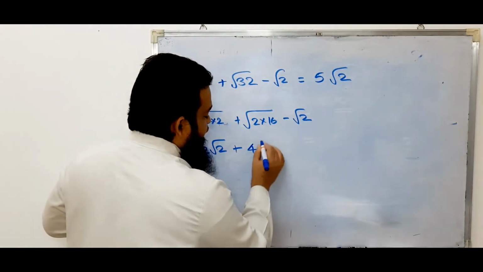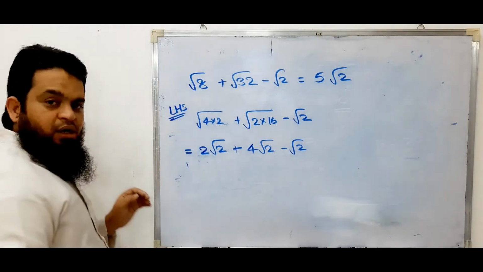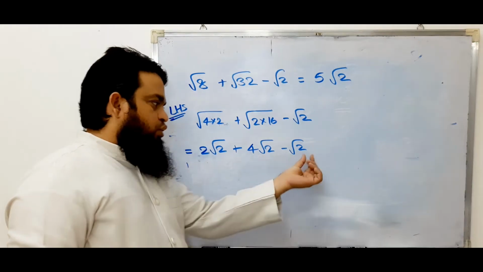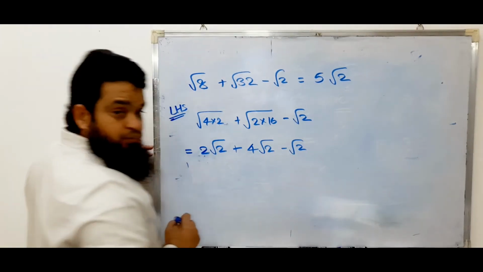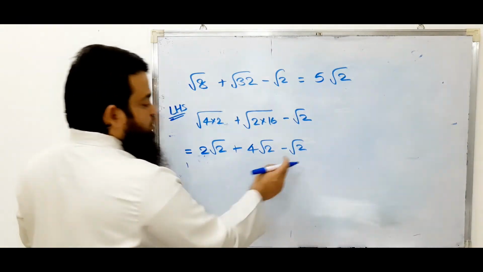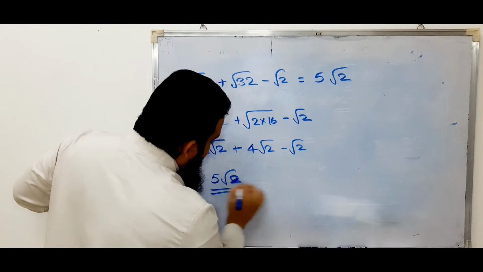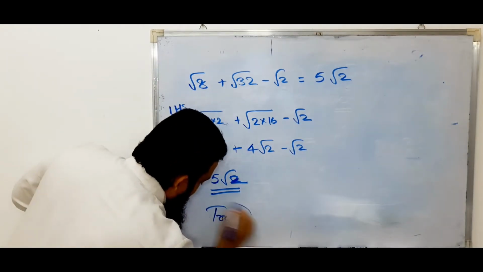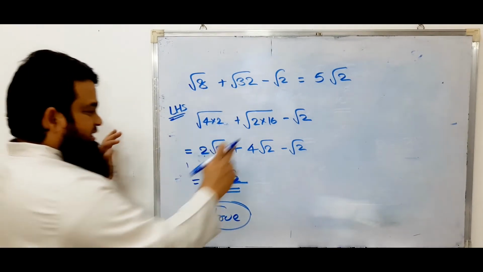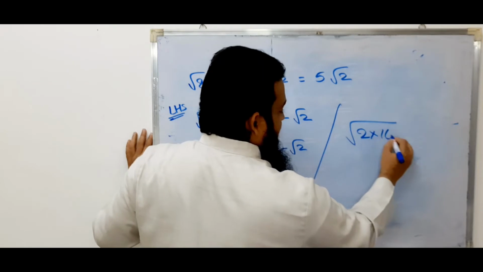So can we write it as 4 root 2 minus root 2? Understood? Now here also root 2, root 2, root 2, like terms. So 2 root 2 plus 4 root 2, 6 root 2. 6 root 2 minus root 2, 5 root 2. So is LHS equal to RHS? Yes, true.